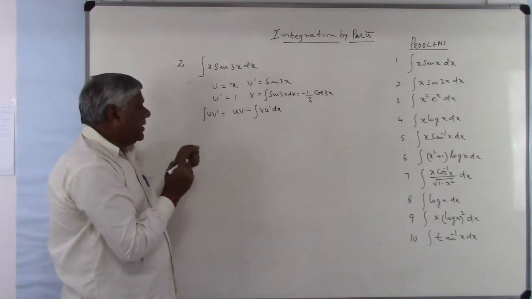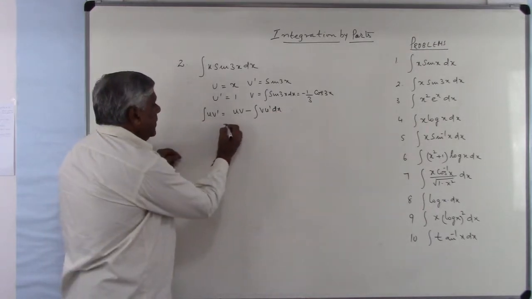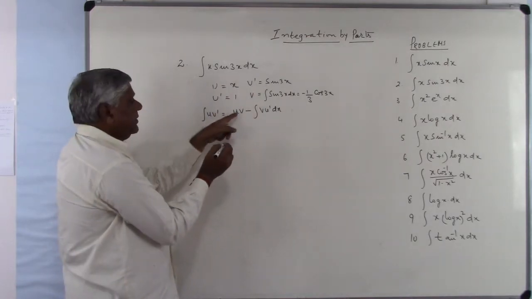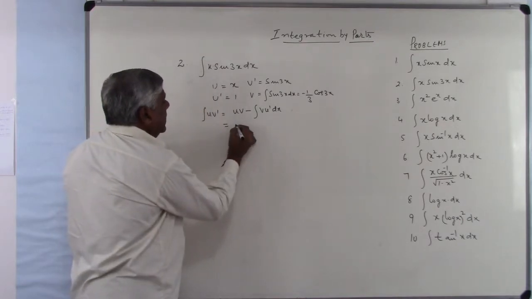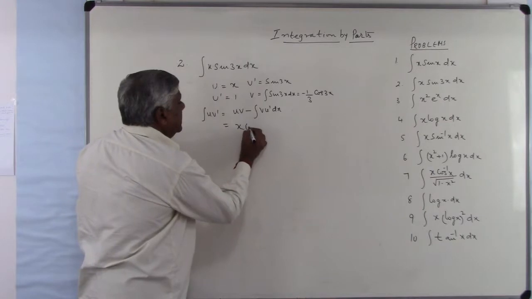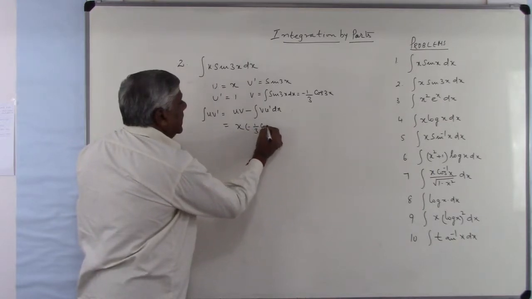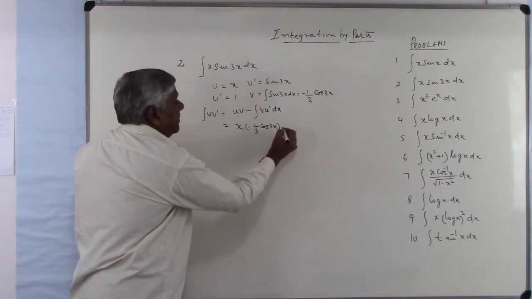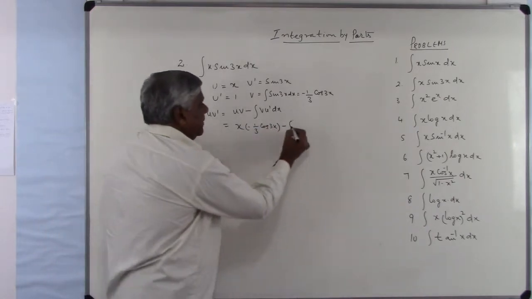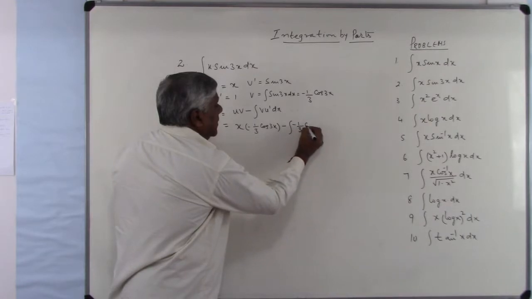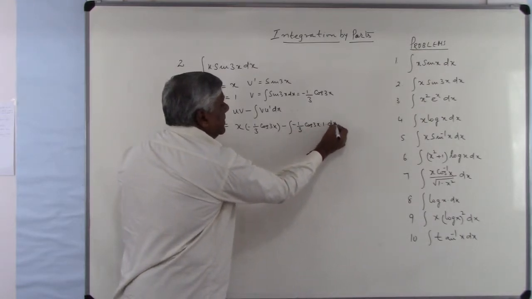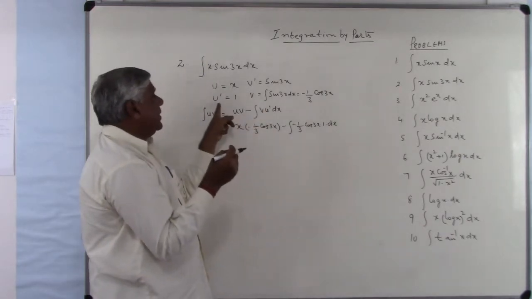U is x, v is minus 1 by 3 cos 3x, minus integral vu dash, which is minus 1 by 3 cos 3x into 1 into dx, because u dash is 1 here.